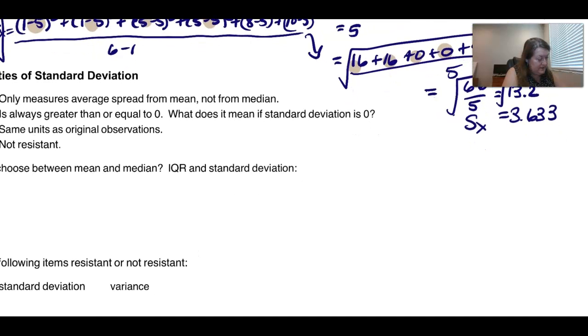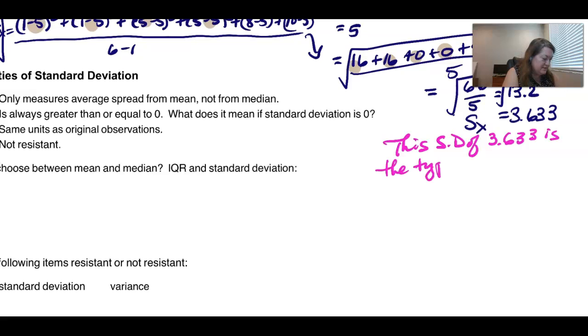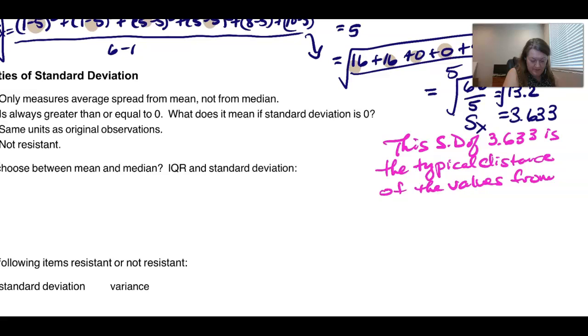So I would say this standard deviation of 3.633 is the typical distance of the values from the mean. Now, if it's in a word problem, you would replace some of these with words, and you would say, you know, 3.633 feet is the typical distance from the average height of 6 feet, or something like that. Okay, so you'd put in the context of the problem.